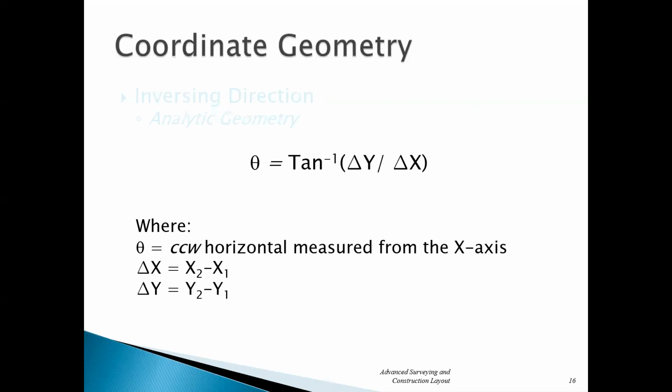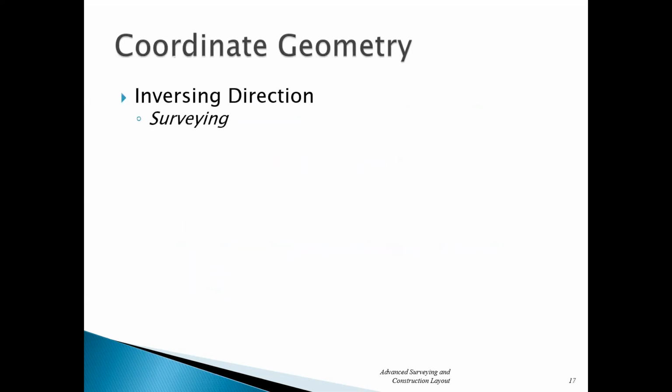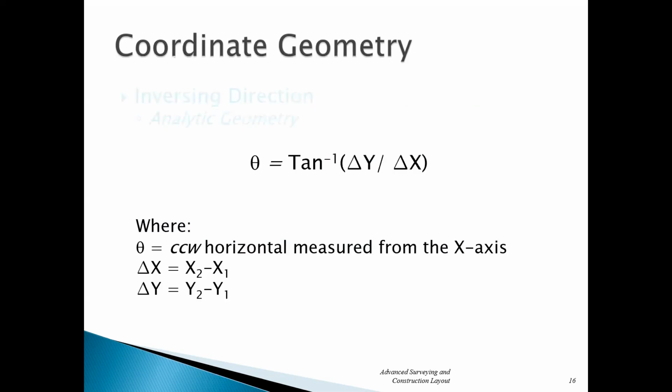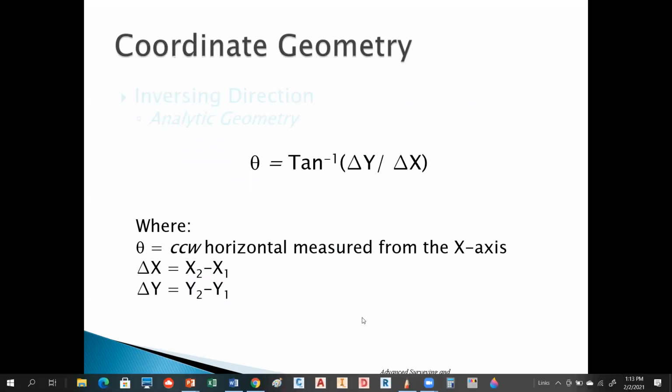Inversing says that you can calculate any angle by taking the delta y and the delta x, dividing them, and you get an arctangent relationship. And your distance, I'm going to show you on a picture here in a minute. Well, this is direction. We'll take a look at what this is saying specifically, and then we'll generate some numbers with this.